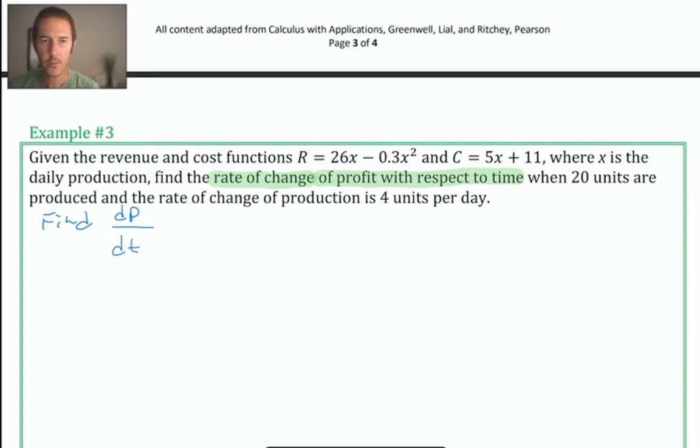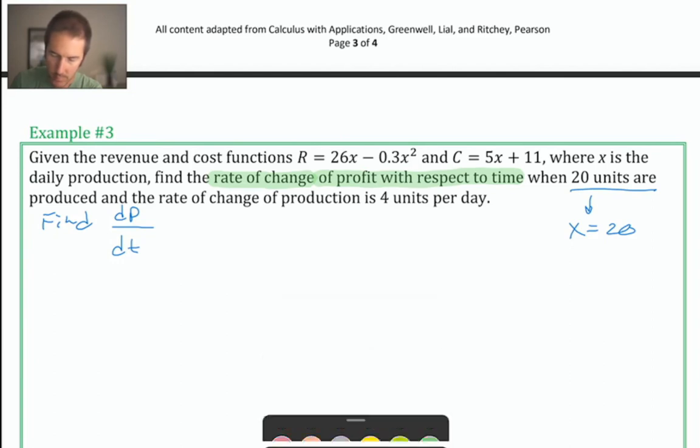When 20 units are produced, so X is representing daily production, the fact that 20 units are being produced tells me that X is going to equal 20. And the rate of change of production, hello, rate of change, is 4 units per day.